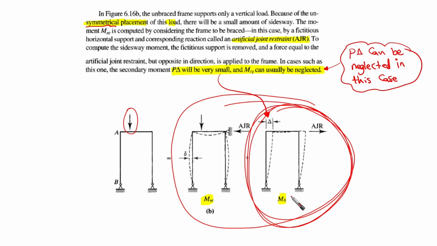It is negligible actually. In this case, the global P delta will be very small, and MLT can usually be neglected. So we can neglect P delta.